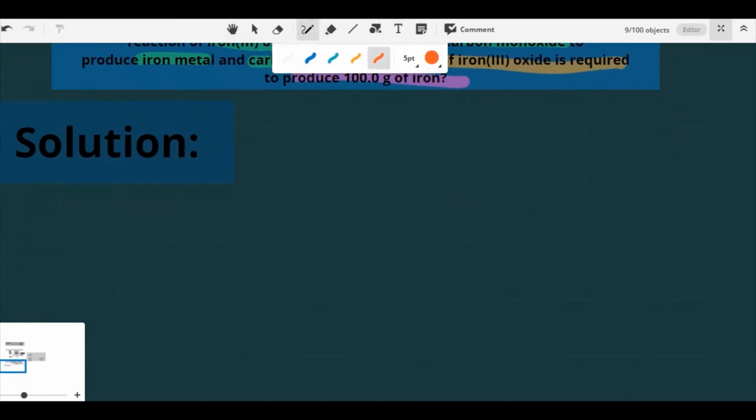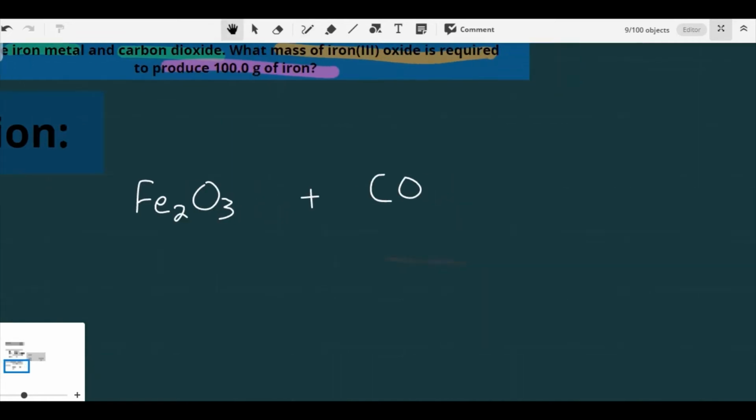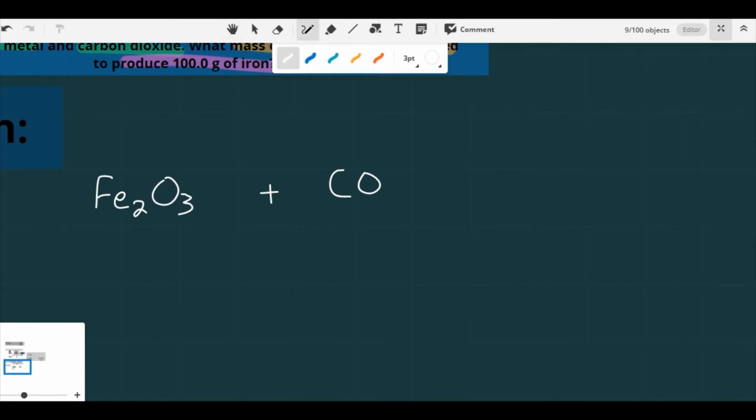First, you need to write the equation. The equation is iron(III) oxide, Fe2O3, reacts with carbon monoxide to form iron and carbon dioxide.